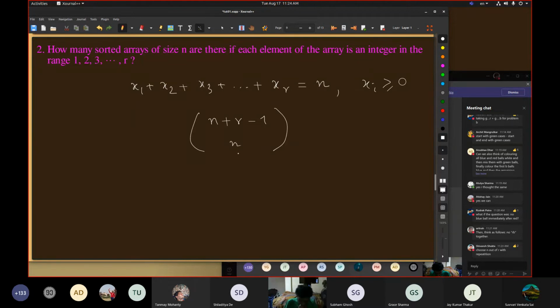Because we are choosing n elements with repetition. So this is just another way of looking at that equation. Convinced, right? Okay, good.